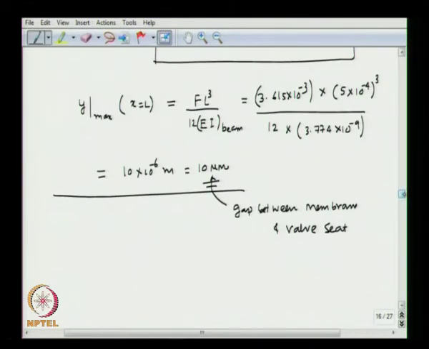So, with that discussion, let us move on and talk about the shape memory alloy based microvalve. The shape memory alloy is something that, if you apply a load, it will go through deformation, and it will remember its original configuration.